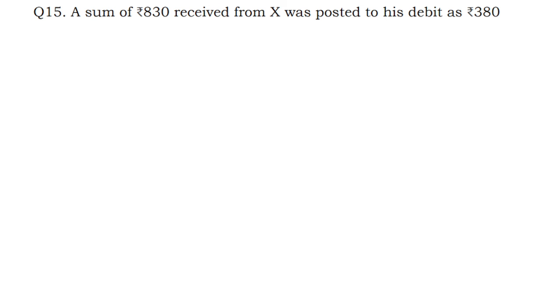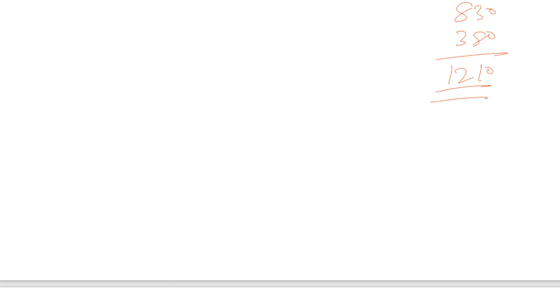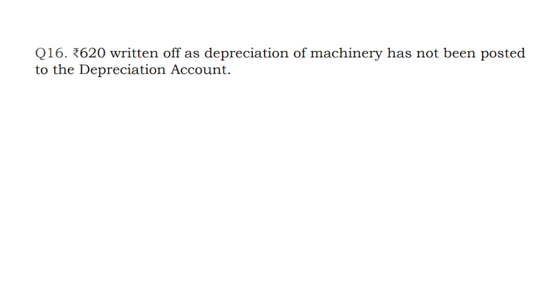I'm just going to show you one advanced problem. So instead of credit side, if it is posted in the debit side, that means there is an effect of 830 plus 380, means 1210 rupees is the difference. So you pass the journal entry. Okay, now I'm just showing you the interesting one.